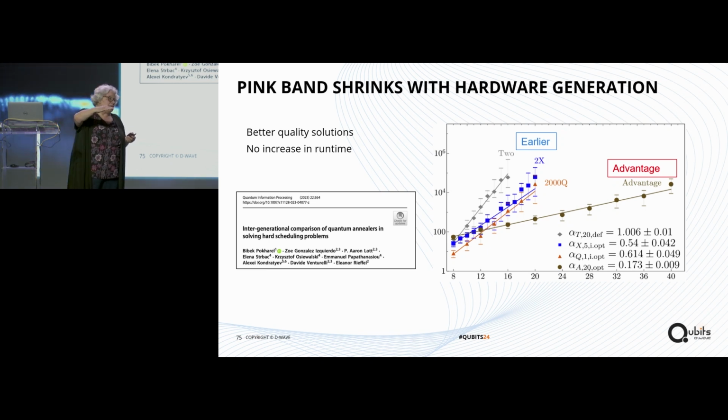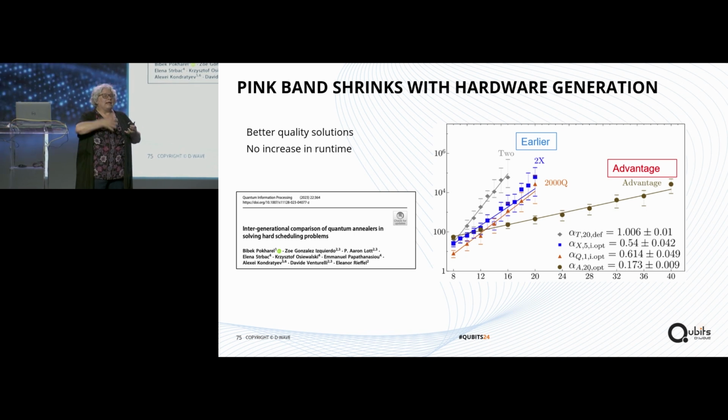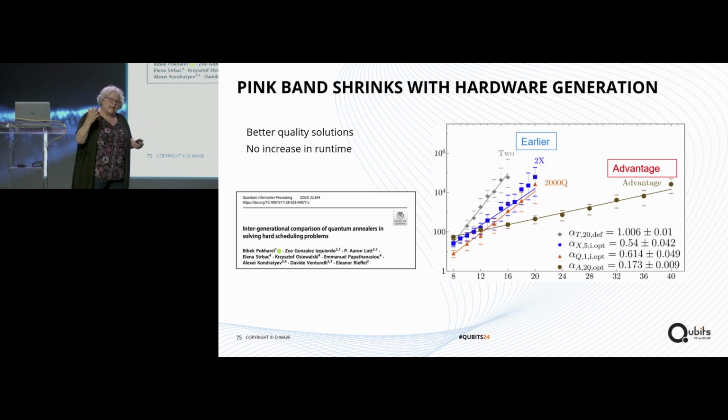So whatever the quantum annealing is doing, it's going to do it better when the next piece of hardware comes around, and you're going to see those solution quality values, the samples, go south. Whereas once you have a larger quantum annealer, you can embed larger problems, and all the classical solvers' points are going to move north and east on those graphs. And that's where we're seeing this crossover point.